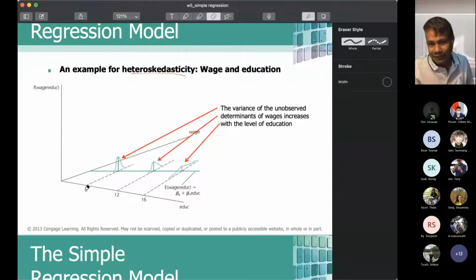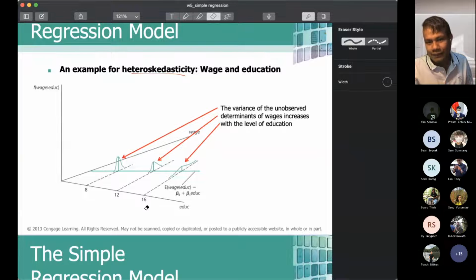As you can see here, when your x is equal 8, you have this curve, but when your x becomes larger and larger, the distribution of variance becomes larger and larger, meaning that the spread of residual is conditional on x.